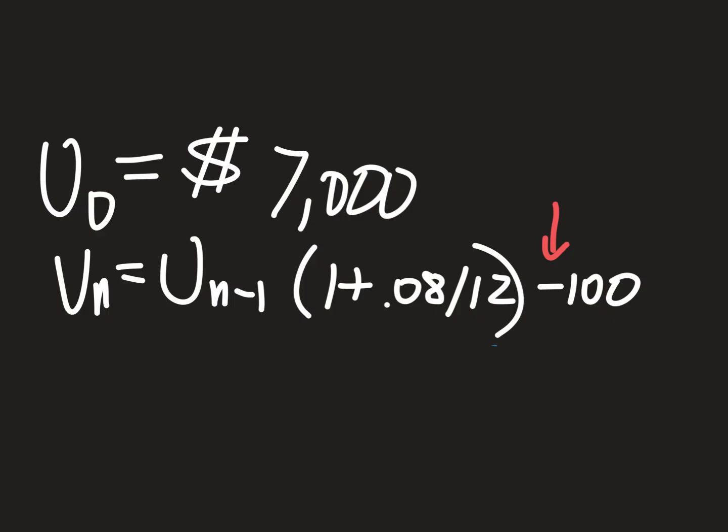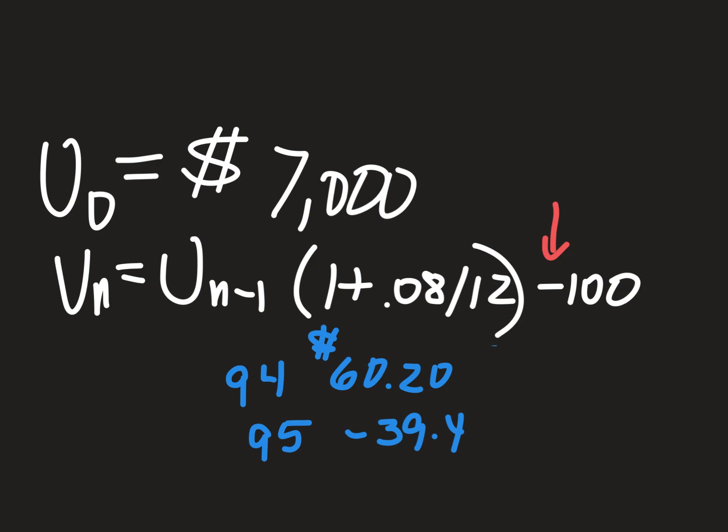then you see at 94, that's the 94th month, you still owed $60.20. But at 95, it shows a negative 39.4. Do you remember that that's the deal where now all of a sudden the bank owes you money back because you paid too much? And that's true in the real world.